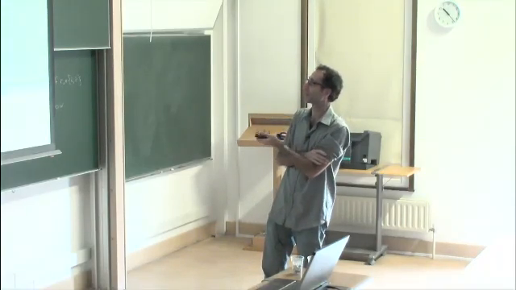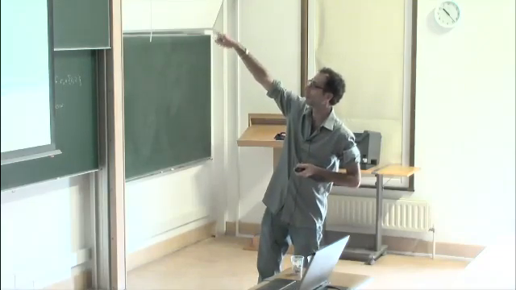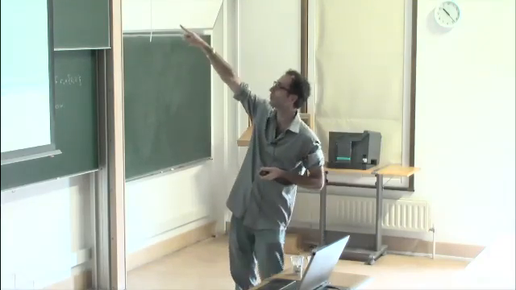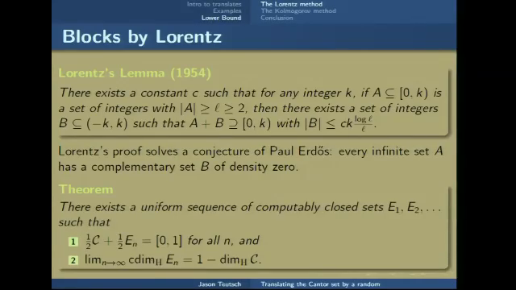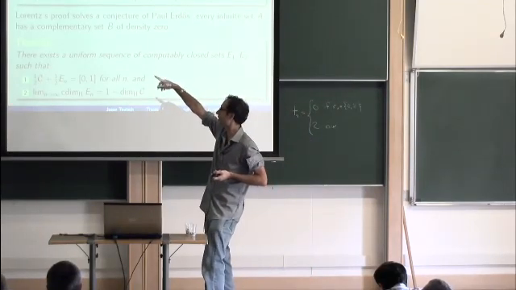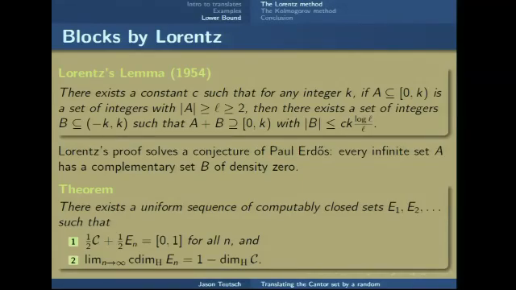There's some constant c such that for any integer k, if A is a set of integers in 0 to k, and its size is bigger than 2, then you can find a complementary block B living in the integers between minus k and k, such that when you add the elements of A and B together, you cover the whole interval in 0 to k. But B can be kind of small: the size of B is less than c times k divided by log of the size of A, over the size of A.